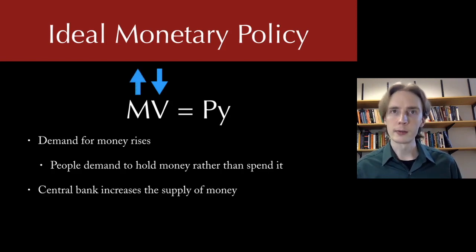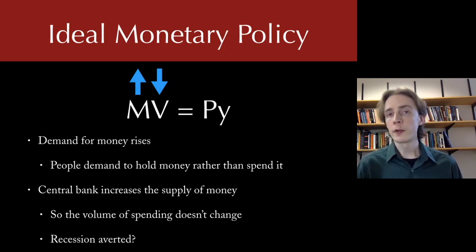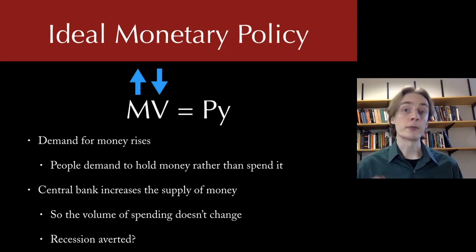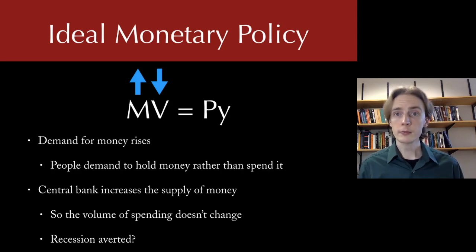So M rises. And if these offset each other, the volume of spending doesn't change, prices don't have to change, and it doesn't matter if prices are sticky or not. So hopefully this averts a recession. On the other hand, if the demand for money falls, velocity rises, the central bank can similarly cut the supply of money and avert a kind of a boom.